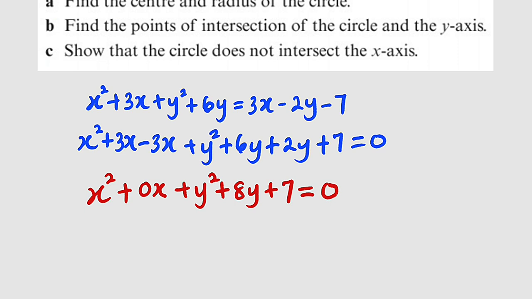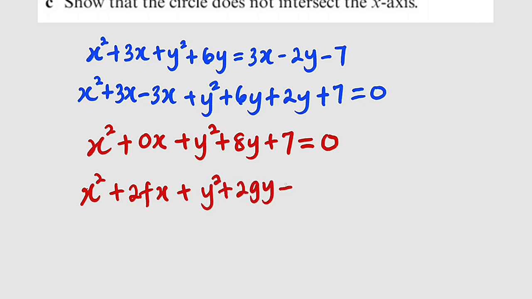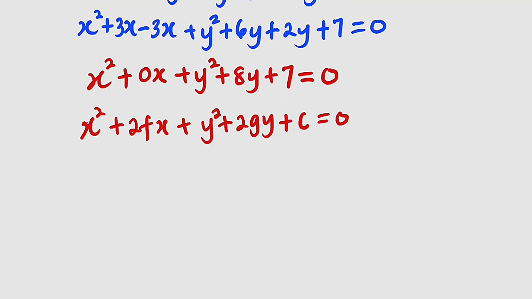This equation is in general form, which we can write as x squared plus 2fx plus y squared plus 2gy then plus c, the whole of this equal to 0, where the center of that circle is given as, let me write it here, center.